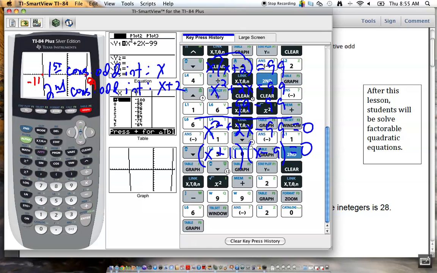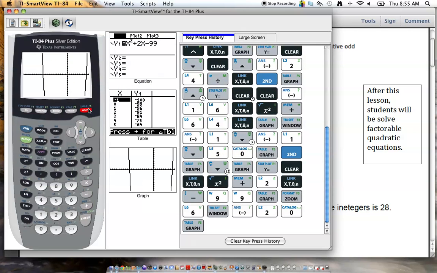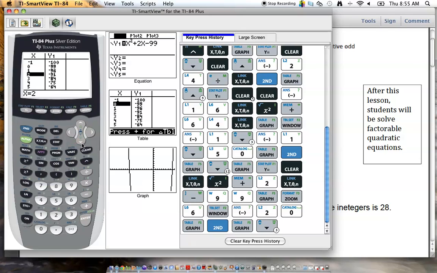Another way to do it, because we're solving for where it equals 0, would be to look at the table. I'm just going to look for wherever it equals 0. See here how it says 9, 0? Done. So an answer is 9.